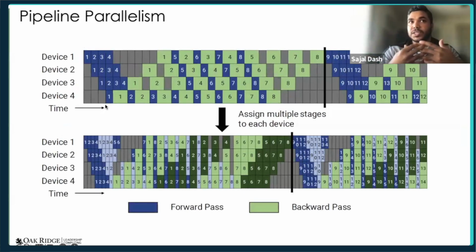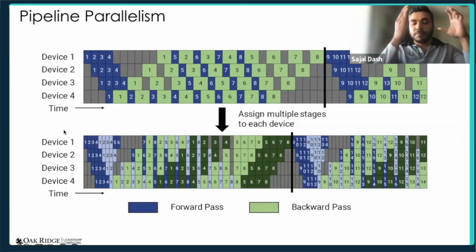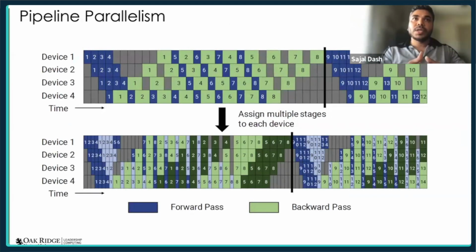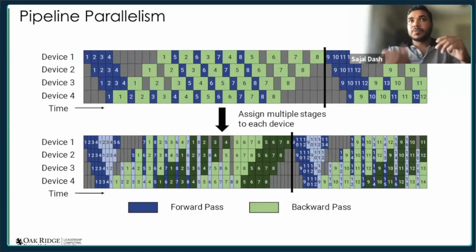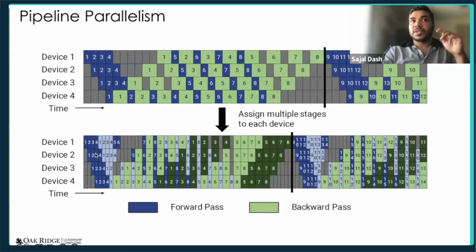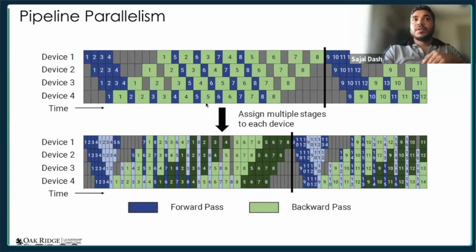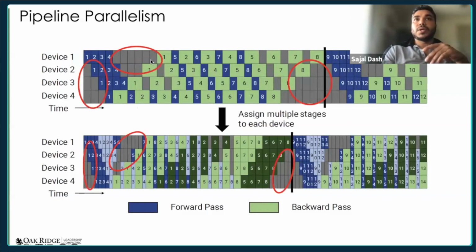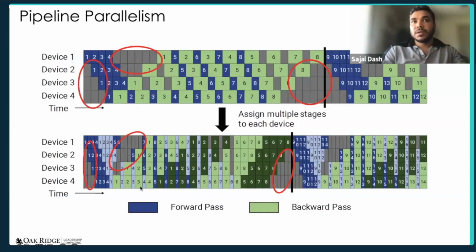A further strategy is to do the pipeline staging in a more granular way and put multiple pipeline stages within the same GPU so that the GPU is kept busy most of the time. The whole idea is to reduce this computational bubble where the GPUs stay idle.